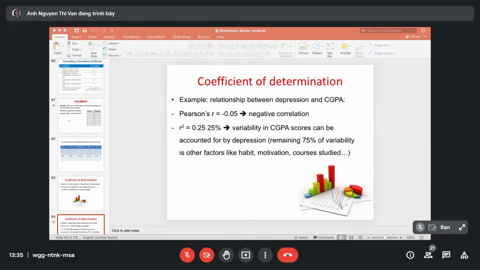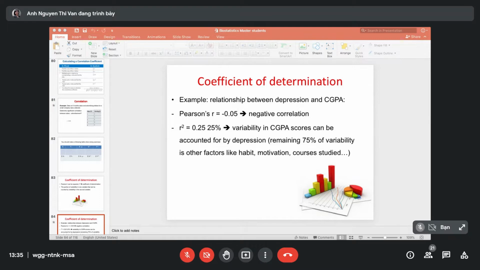From this, you can also see the strength of the correlation. The R value tells you the direction and the strength.